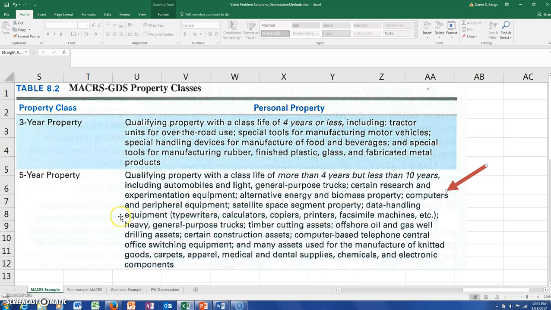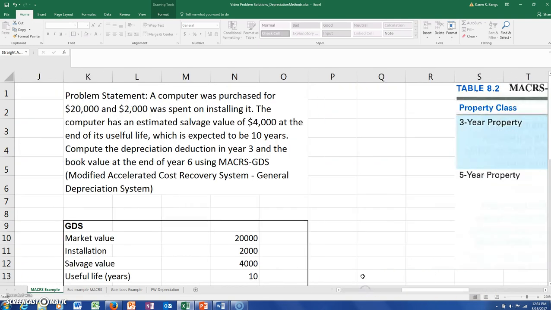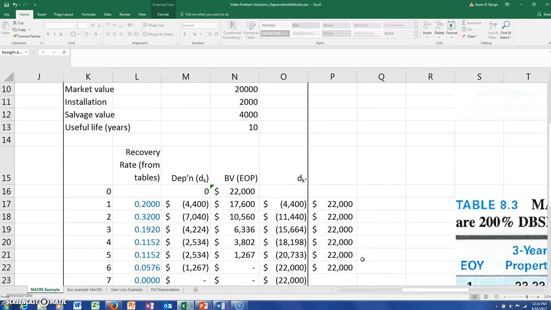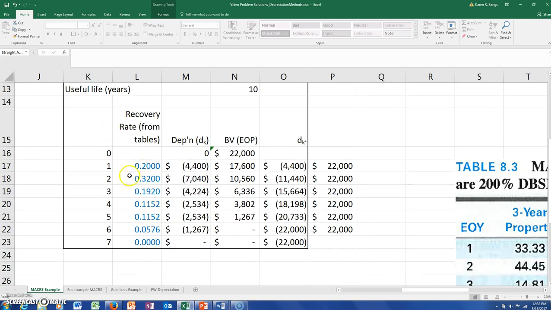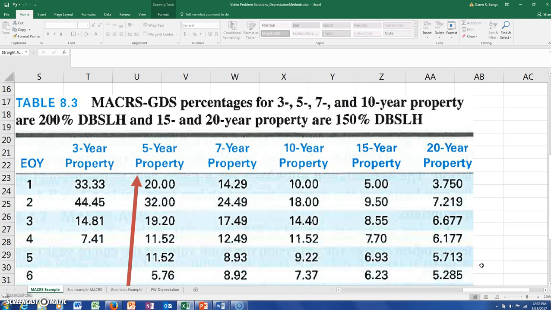So that means we use the MACRS depreciation rates per period for a 5-year property in order to depreciate this computer over time. Looking down here, we can see that the recovery rates from the tables are 20%, 32%, 19%. Those are also shown to the side here, and again are available in any engineering economics textbook, and you can pull them up online or through the Internal Revenue Service page.